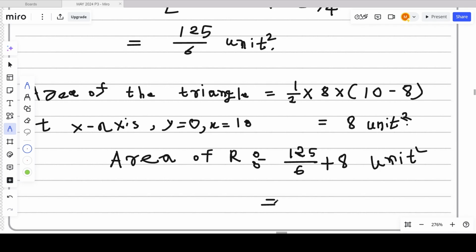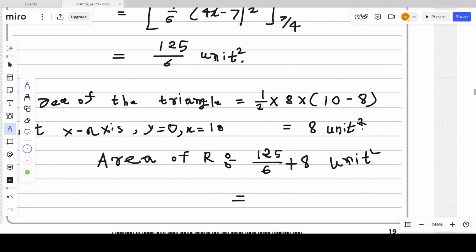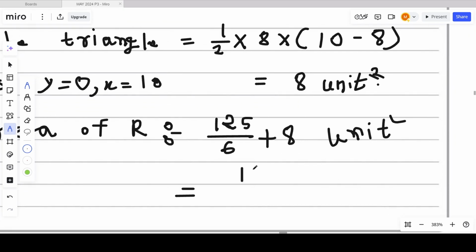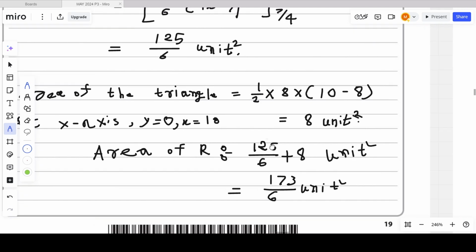So 125 plus 48, this is 173 over 6, if I'm not wrong. The area of the region R is 173 over 6 unit squared.